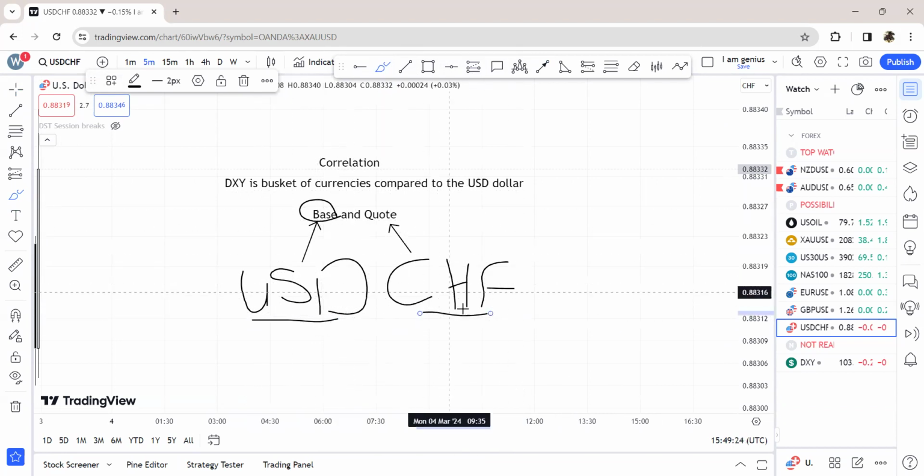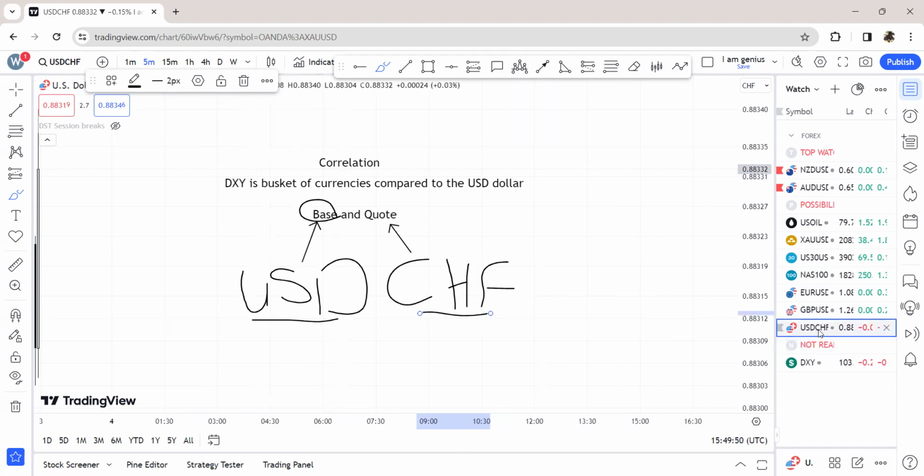Now the importance of this, I'll go back to the DXY. So the DXY is an index that shows the strength of the dollar. In other words, if the DXY is going to the upside or it's moving in an uptrend, we expect any pair that has the US dollar as the base. So that means the US dollar is the base.